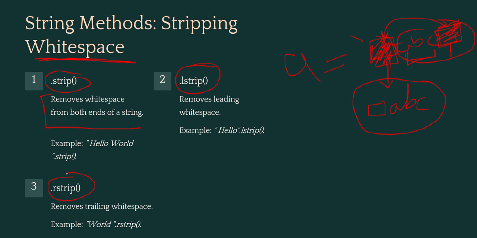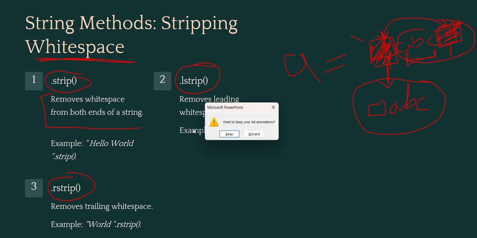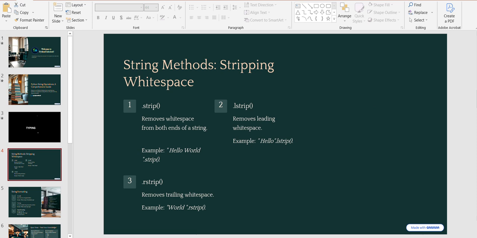Now let's understand this with the help of code. Let's say I have one variable in which I have a string, let's say Python unlocked.